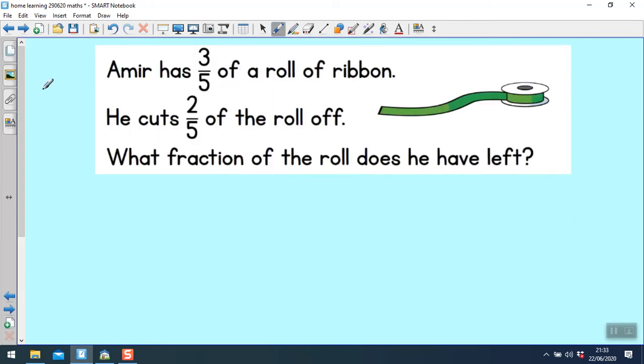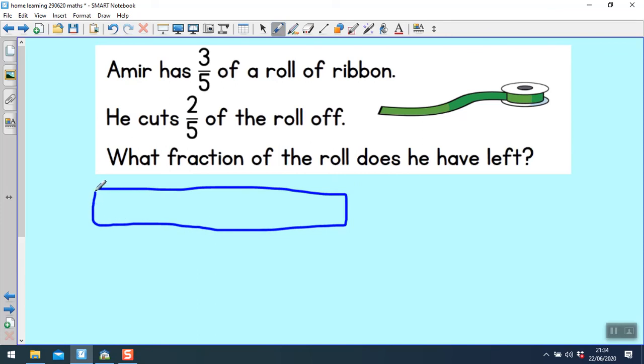Amir has 3/5 of a roll of ribbon. He cuts 2/5 of the roll off. What fraction of the roll does he have left? What you could do is have a bar, split that bar into 5 equal sections.